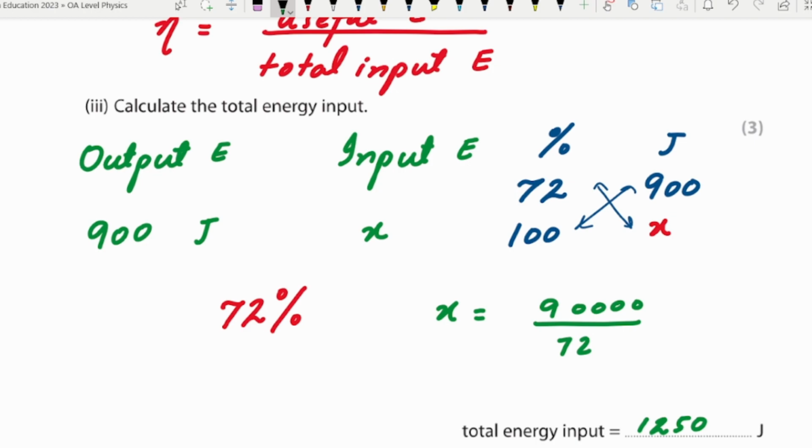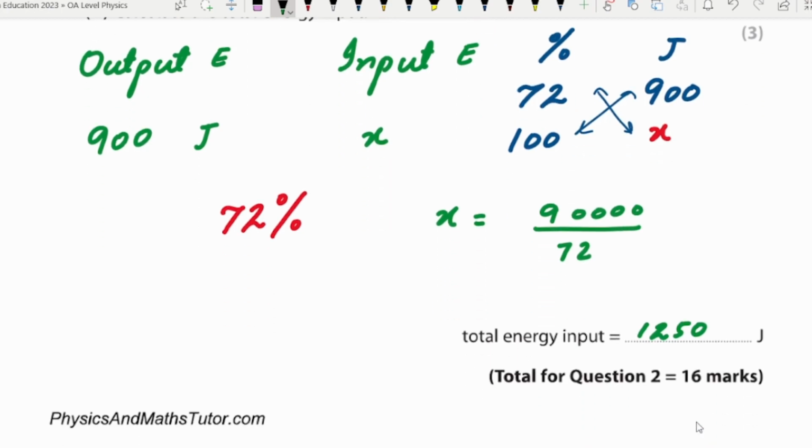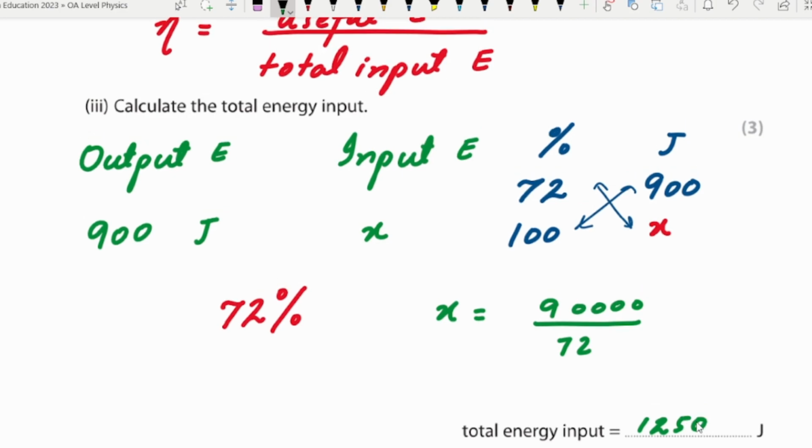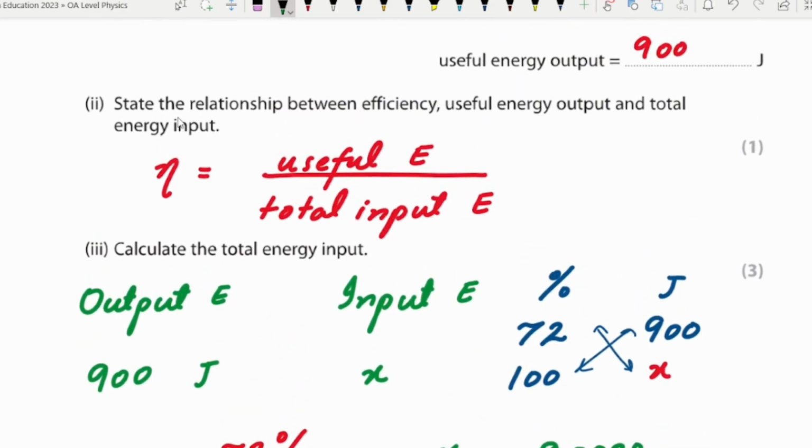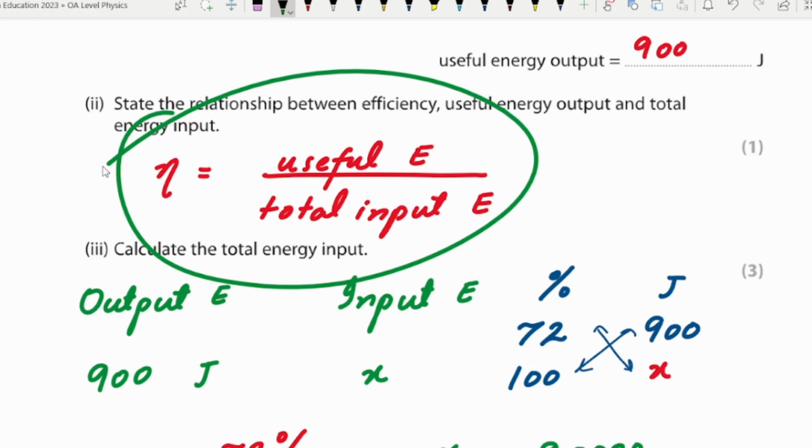You can round it off to two significant figures, or you can leave the answer as it is, 1250 joules. If you apply the formula of efficiency here, you'll get the same answer. Either way, you'll get the same answer.